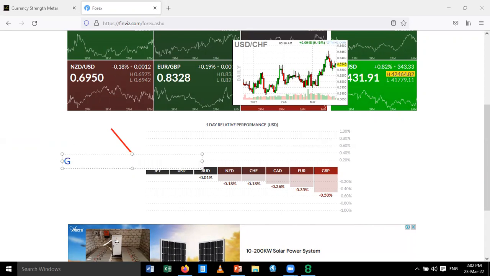Looking at these two currencies just highlighted here, GBP-JPY, which one is the base currency and which one is the quote currency?